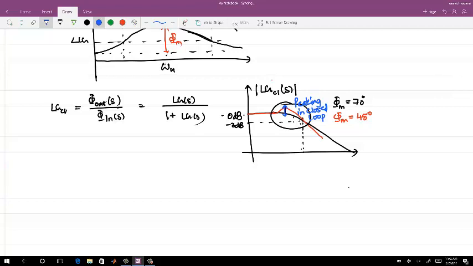Stability is not compromised, but the question is how much headroom you have, and how much peaking you are going to have in the frequency response. So peaking in the frequency response leads to a ringing in the time domain response. I think that part everyone understands, right?